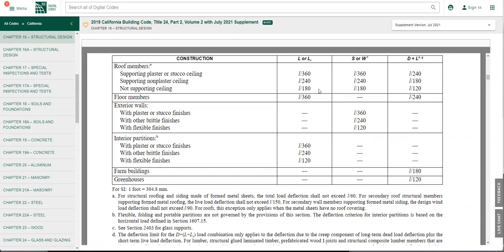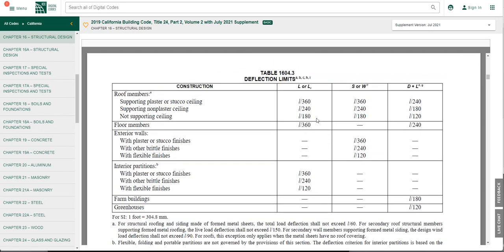And if you're not a structural engineer, you'd be trying to read this as a different language. This is going to talk about deflections. If you took structural engineering, you will see deflections of beams and walls and floors and all that other stuff.